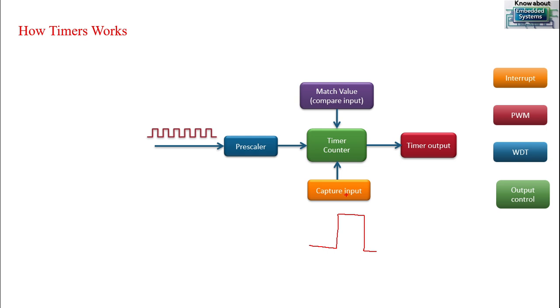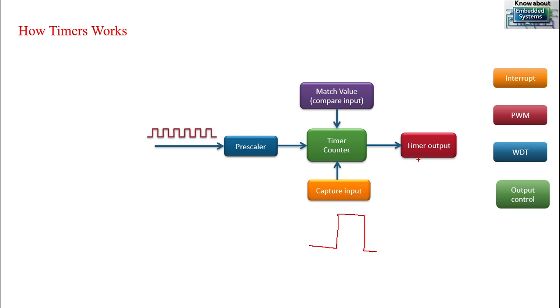So the timer can be configured in two major operating modes: one is compare mode and one is capture mode. In compare mode, the timer will be compared with a predefined value, and in capture mode, events will be captured. That particular time will be given to the timer output module, and from this timer output module, if you want, you can store it in memory or utilize it however you want.